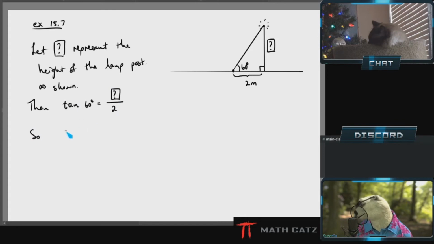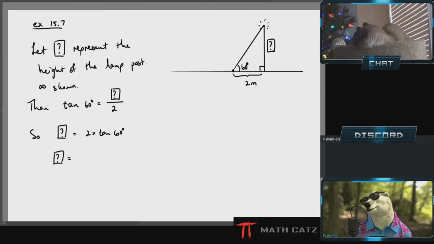From that equation, I now look, okay, what do I have to do to solve for the question mark in a box? I have to multiply both sides by 2. So the question mark in a box is 2 times tan of 60 degrees. The question mark in a box is something the calculator can tell me.